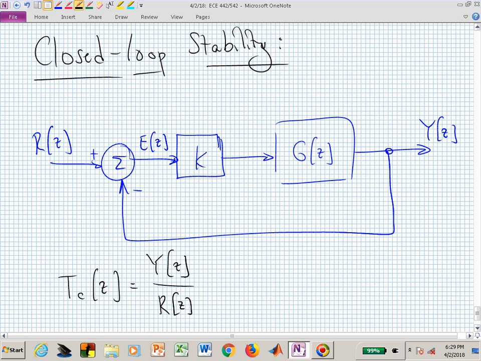But then you can actually derive that, can't you? Or you can just write it down. It's probably on your crib sheet, and now it's CG over 1 plus CG for negative unity output feedback, and that's now KG of Z over 1 plus KG of Z.